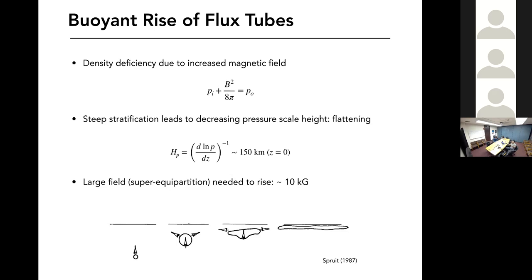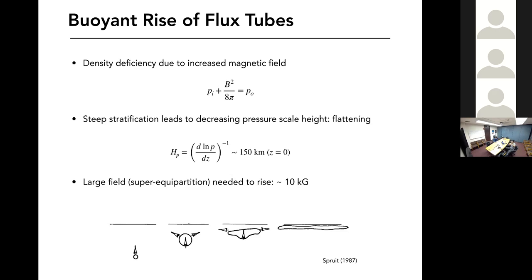So assuming the flux tube is originally circular, then it starts to rise. Suppose it's maintaining its shape, then the same flux tube diameter will span more and more scale heights. So there will be larger and larger pressure differences between the top and the bottom of your flux tube, and the bottom will have the larger pressure.